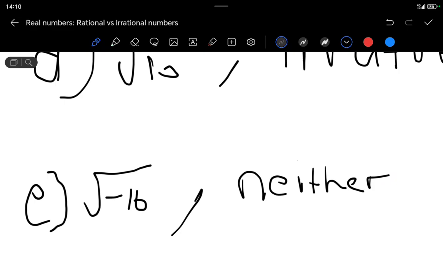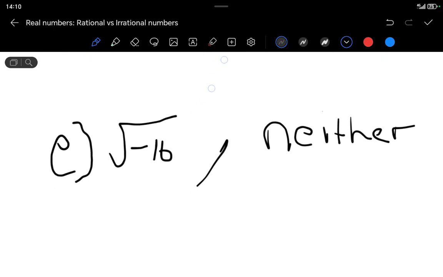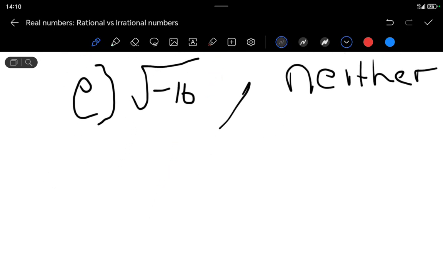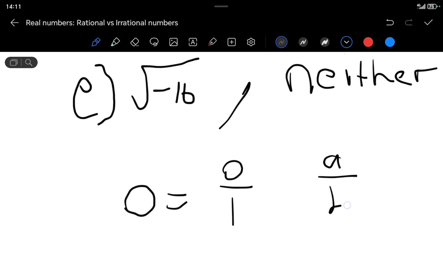There are more examples, but I have one specially for you. Is 0 rational, irrational, or neither? Zero can be written as 0 over 1, the form A over B. This makes it rational.